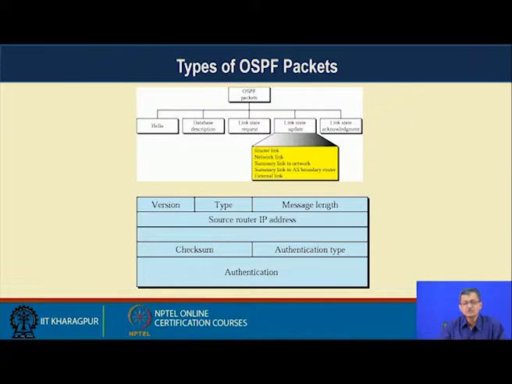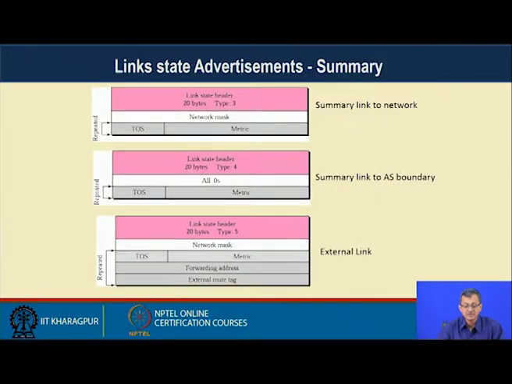And this also shows the different types of OSPF packets, and especially the link state update, where we require the router link, network link, summary link to the network, summary link to AS boundary routers, which takes care of the summarization of the whole autonomous system and shares it, and external links. And this is the typical format of the OSPF packet.